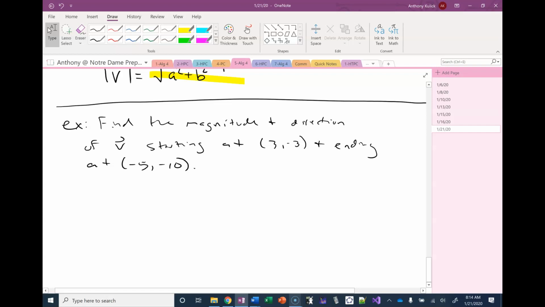So we have a vector v whose initial point is 3, -3, and whose terminal point is -5, -10. I would start by translating this information into a vector in component form. So I'll do head minus tail and head minus tail.